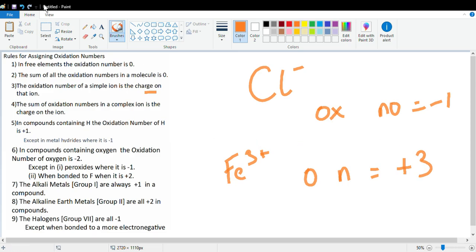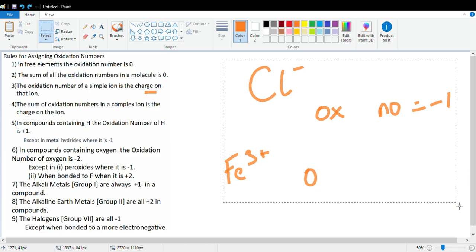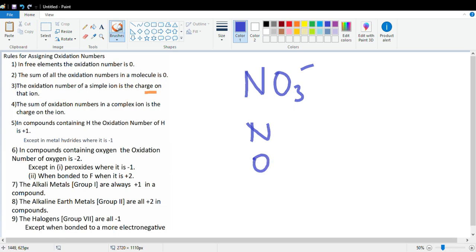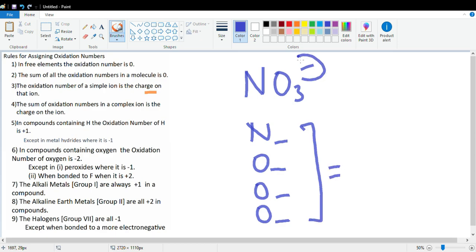Next, rule 4: the sum of the oxidation numbers in a complex ion is equal to the charge on that ion. So if we take an example of a complex ion, like the nitrate ion, NO3-, when you add up the nitrogen and the 3 oxygens, whatever numbers you give those, when you add them all up, it should equal -1.